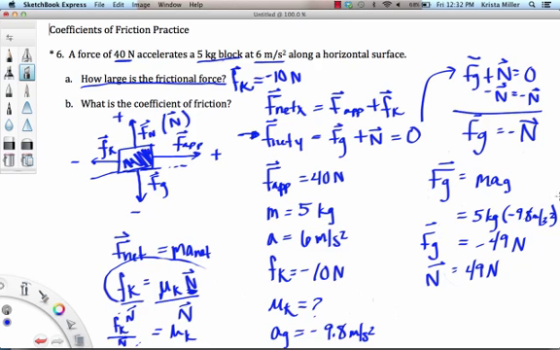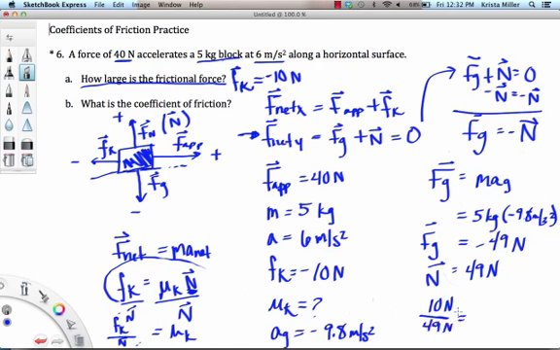Let's bring that equation over here and plug in our numbers. Force of kinetic friction is negative 10 newtons, or let's just use the magnitude, 10 newtons. The normal force is 49 newtons.